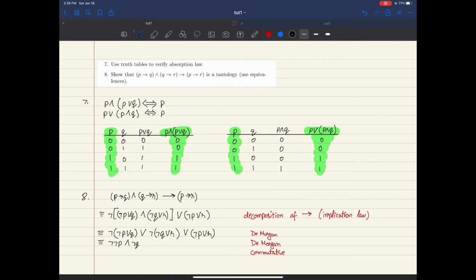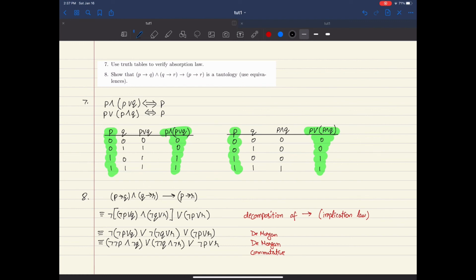It becomes not of (not P and not Q), or not of (not Q and not R), or not P or R. Now we just use the commutative law to rearrange this sentence.